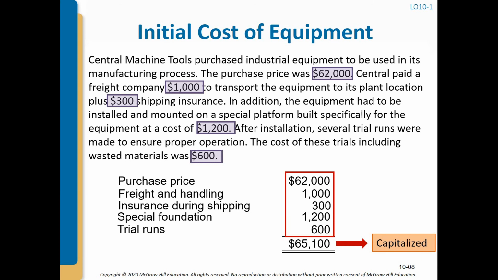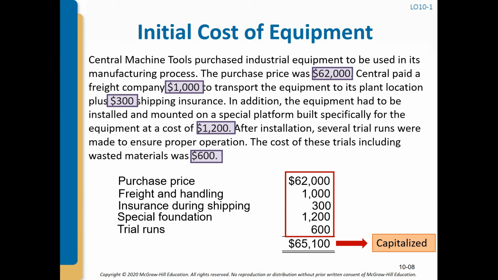Central Machine Tools purchased industrial equipment to be used in its manufacturing process. The purchase price was 62,000, shipping insurance 300, then special platform cost 1,200, and the cost of the trials including wasted materials was 600.